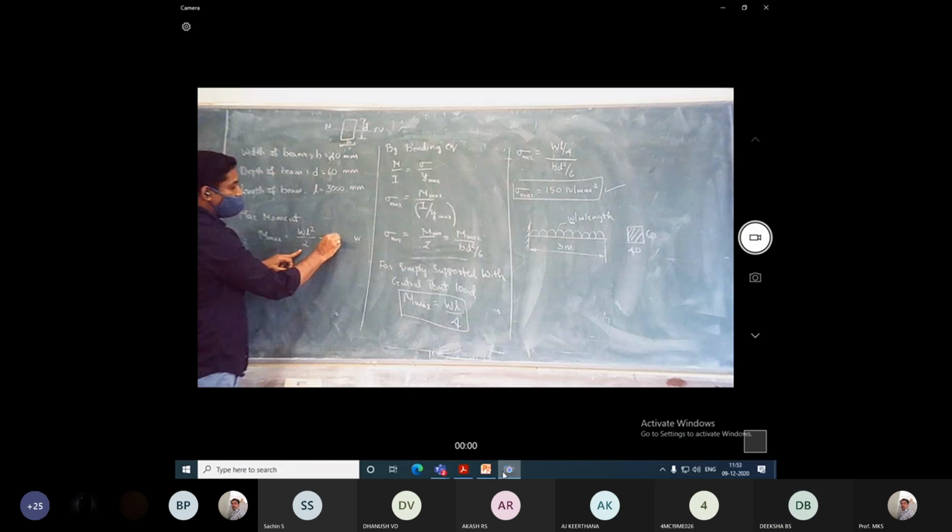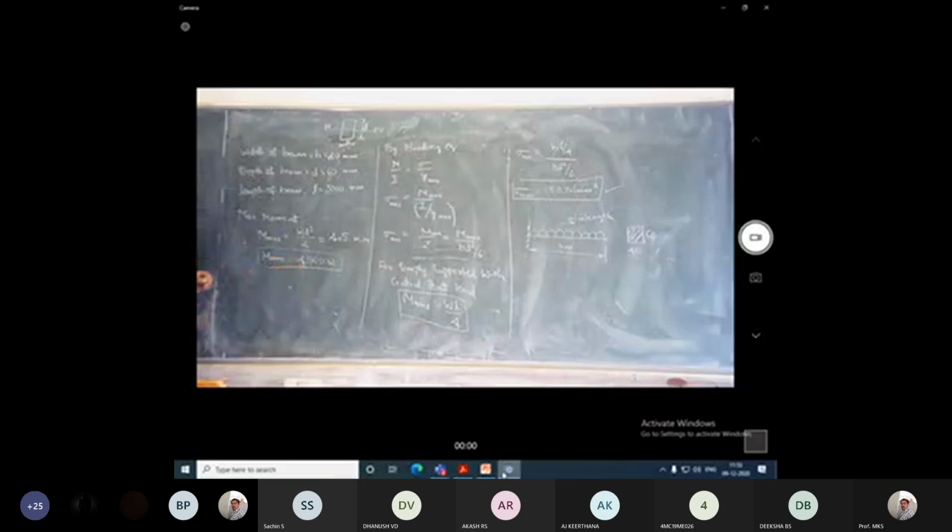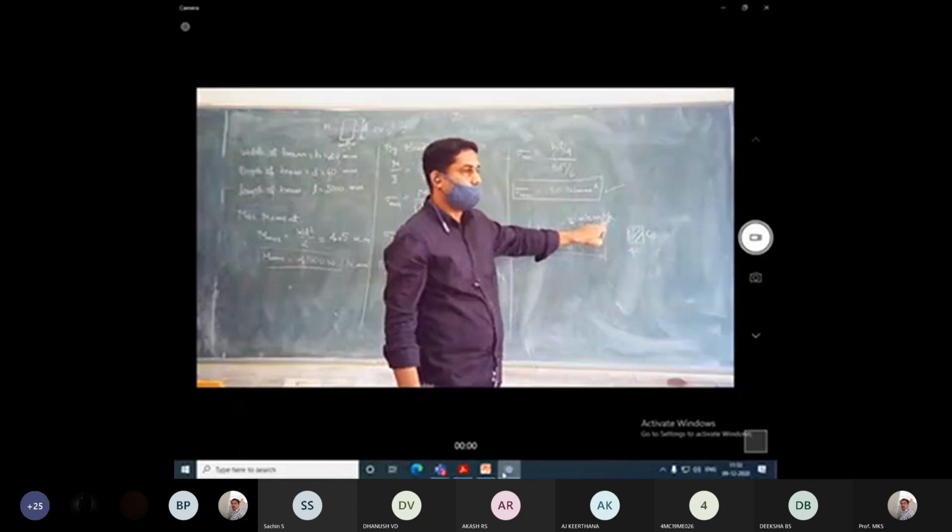Then convert this to mm. This is in meters, so convert this to mm. So M max will be 4.5 W into 1000, in terms of Newton mm, since W is in Newton per meter length.